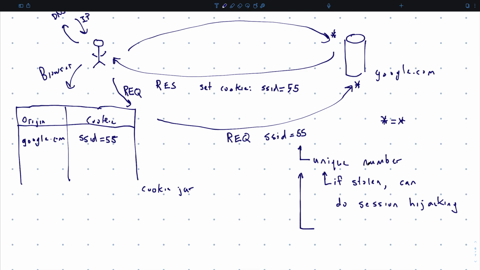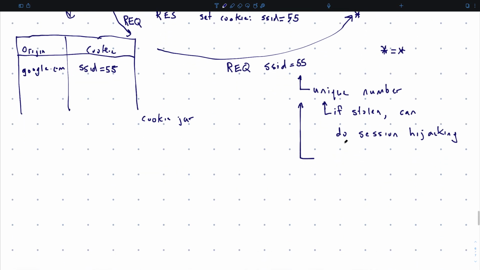And cookies are also used for tracking, so you can harvest data on users as well. Those are probably the three biggest cases of where they're used.